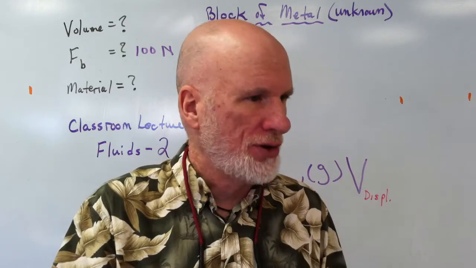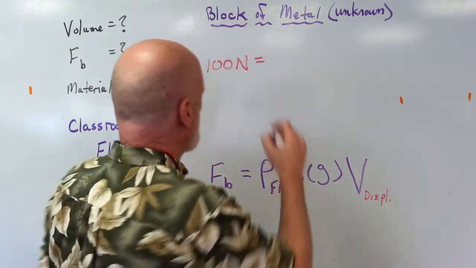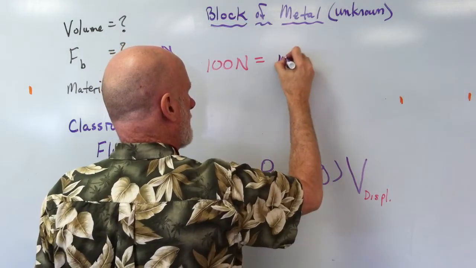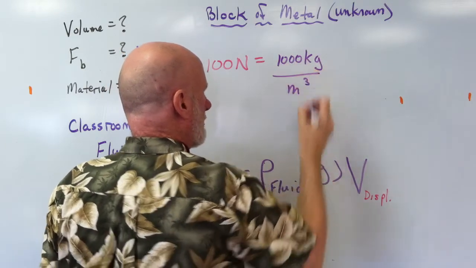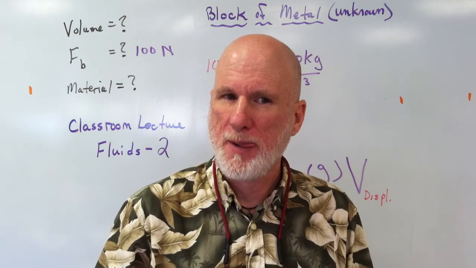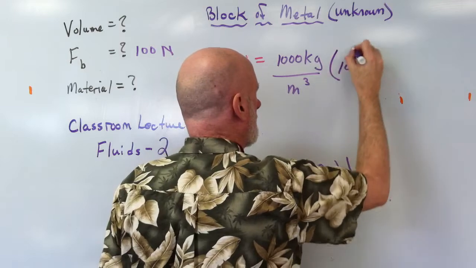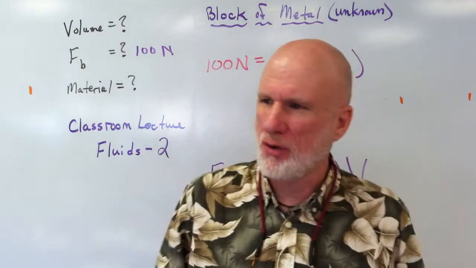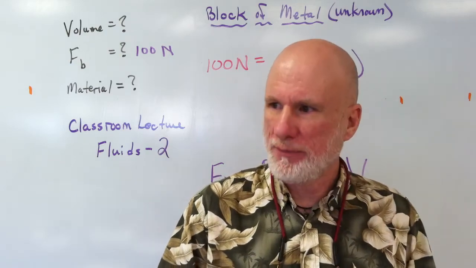So the density of the fluid is 1,000 kilograms per meter cubed. Correct? What's G? 10. I'll just leave off the unit labels. Is that okay? Now we're going to calculate the volume.